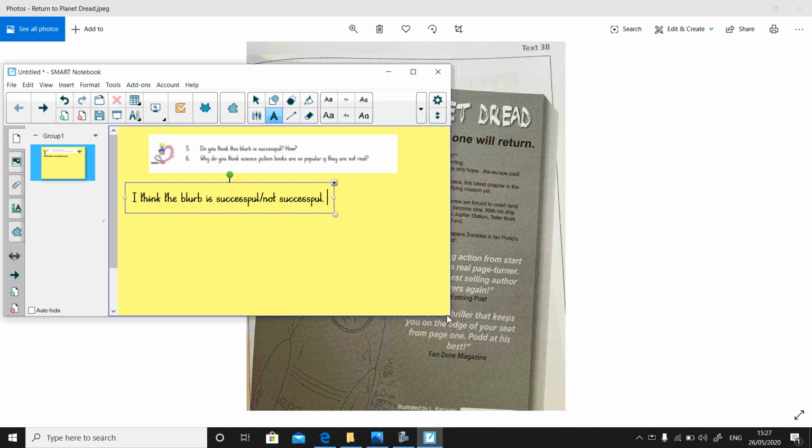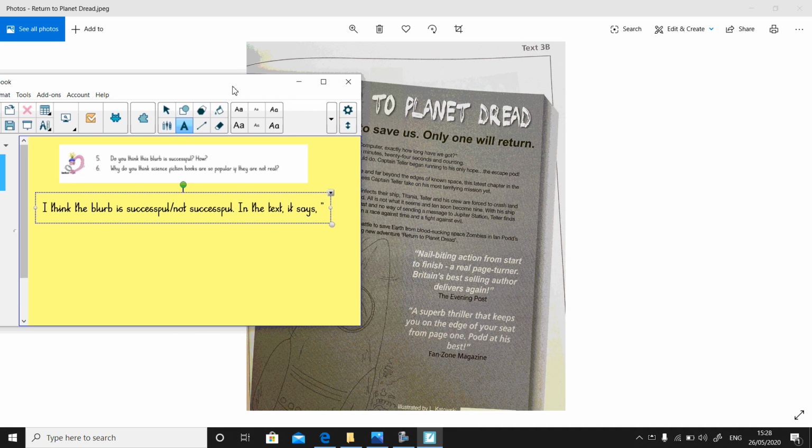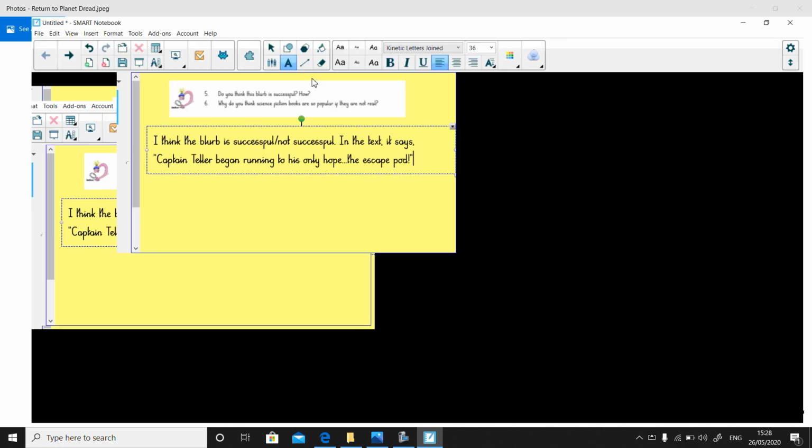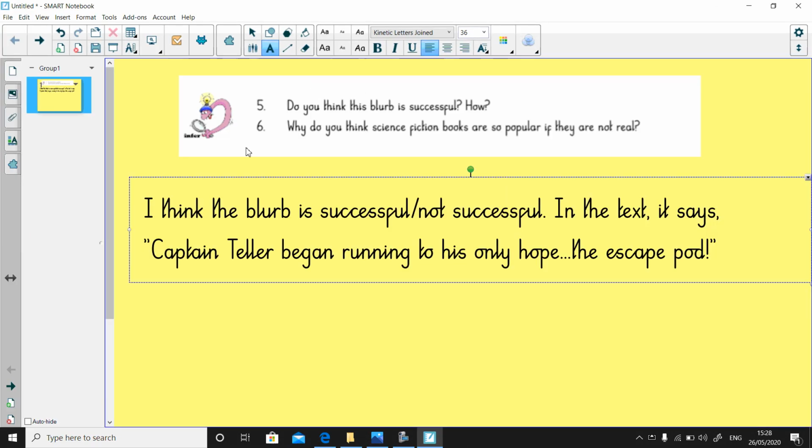So I'm going to put in the text, it says, Captain Teller began running to his only hope, the escape pod. So I've put my answer, I've put my proof, now I need to explain it.